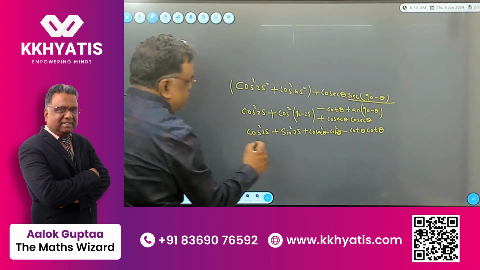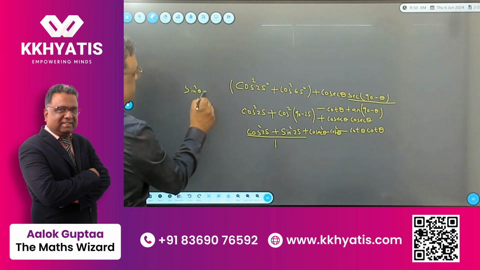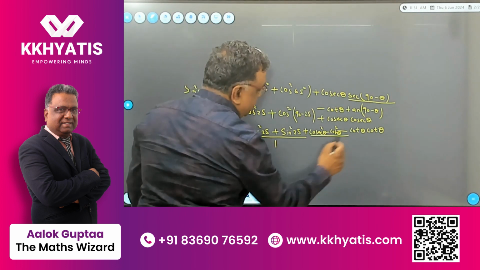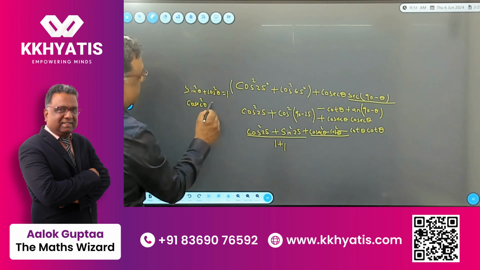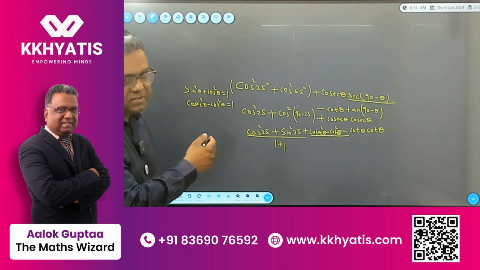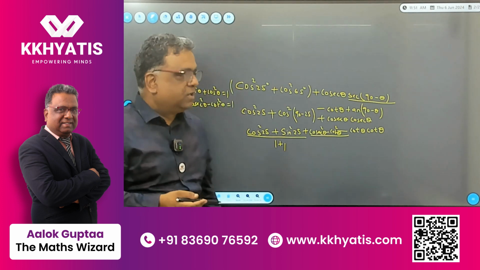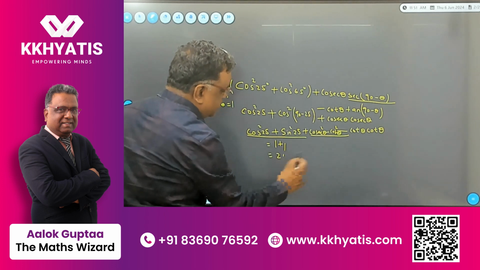Now this first part will always be 1 because we know the identity sine square theta plus cos square theta is 1. And again, this will also be 1 because we know the identity cosec square theta minus cot square theta equals 1. I have proven all these identities and explained the concept well in my previous session, so please go and look at it. So this will be 1 plus 1, which is 2. So 2 is the answer.